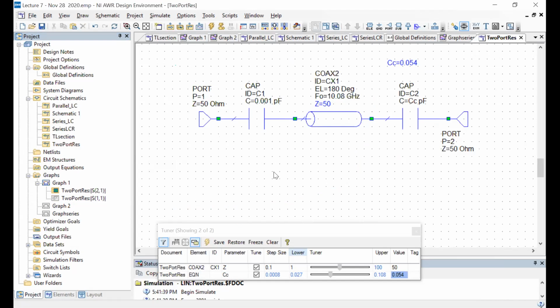And for all practical purposes, the resonator is really just a single port resonator, which is this port 2 with this coupling capacitor and this section of transmission line. Why is that? Because when this capacitor is so small, it's as if this part of the circuit basically did not even exist, right? Because it's a very high impedance.